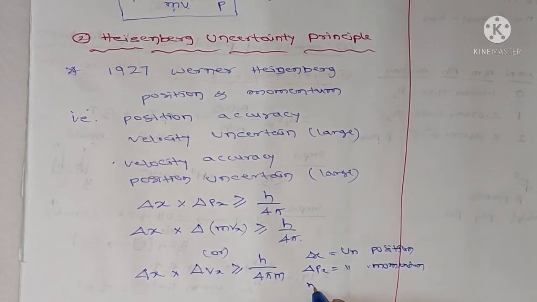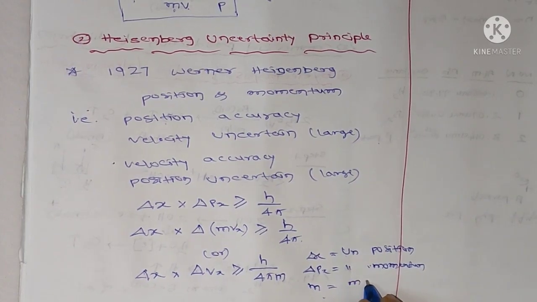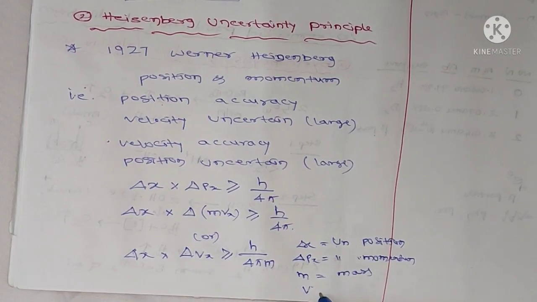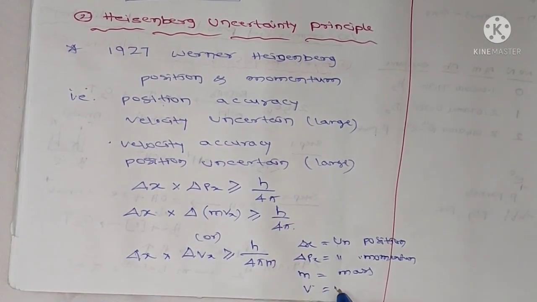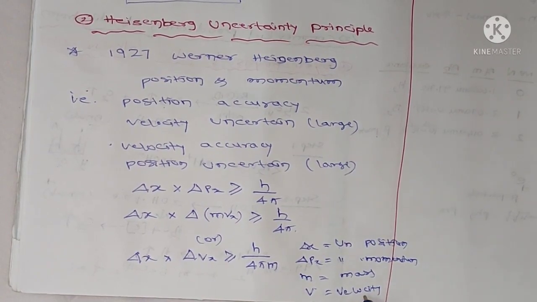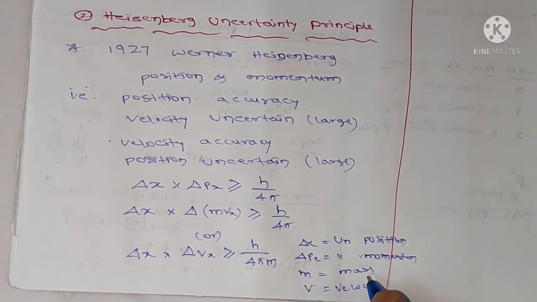And m is the mass of particle, and v is the velocity of a particle. So this is about Heisenberg uncertainty principle.